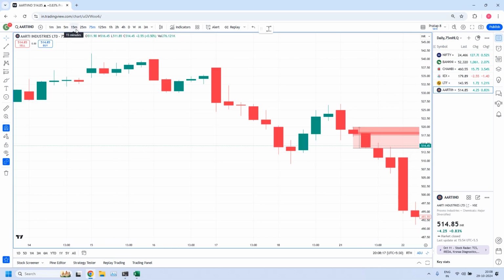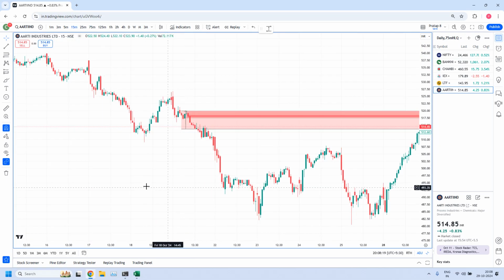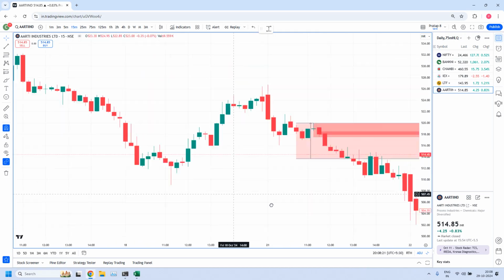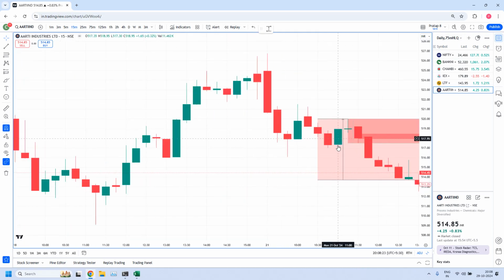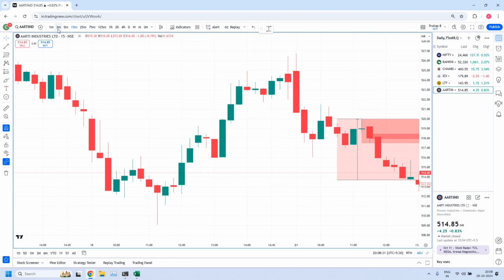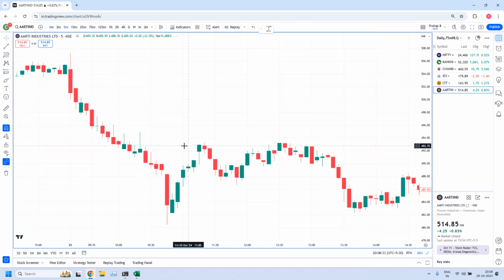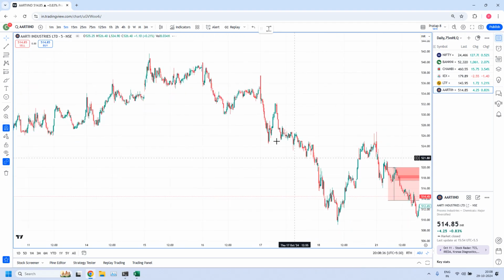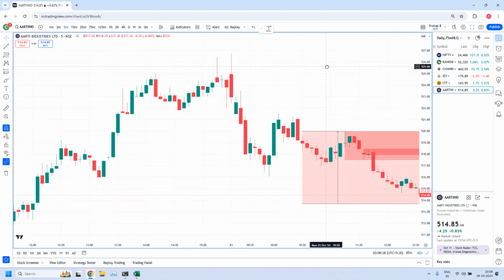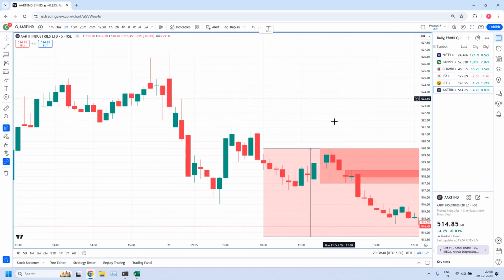Next 15 minutes time frame, there is a fine tuned zone, 15 minute zone. We have a rally, 2 base candles and a drop candle. This is the 15 minutes fine tuned zone. Within this 15 minutes fine tuned zone, there was a 5 minute zone. See, we have a drop, 2 base candles and a drop.